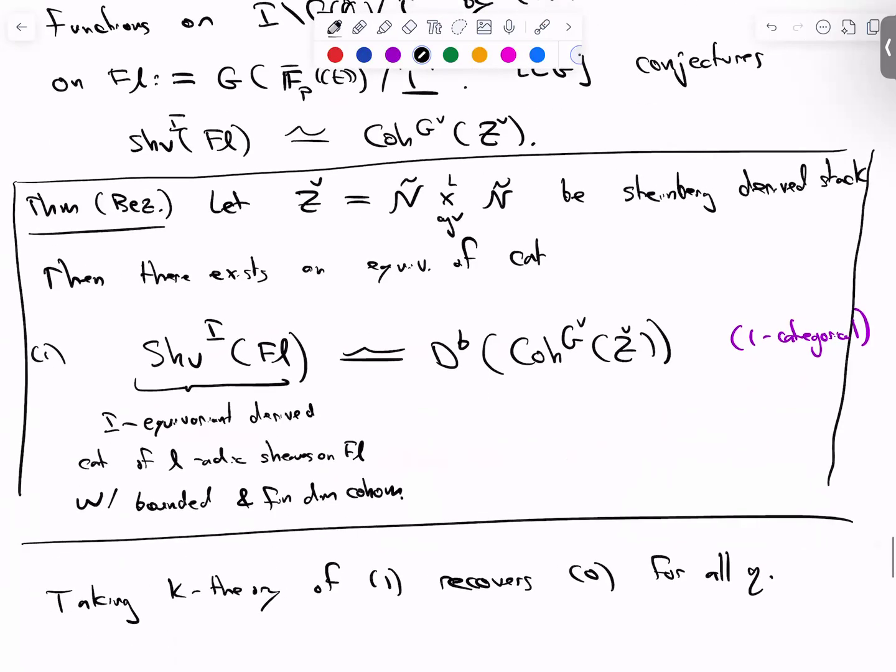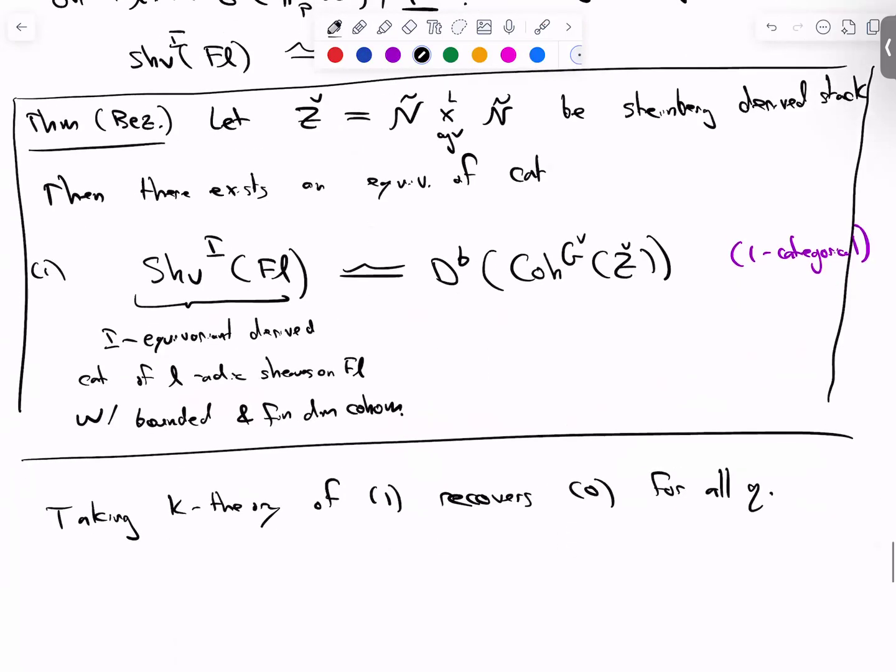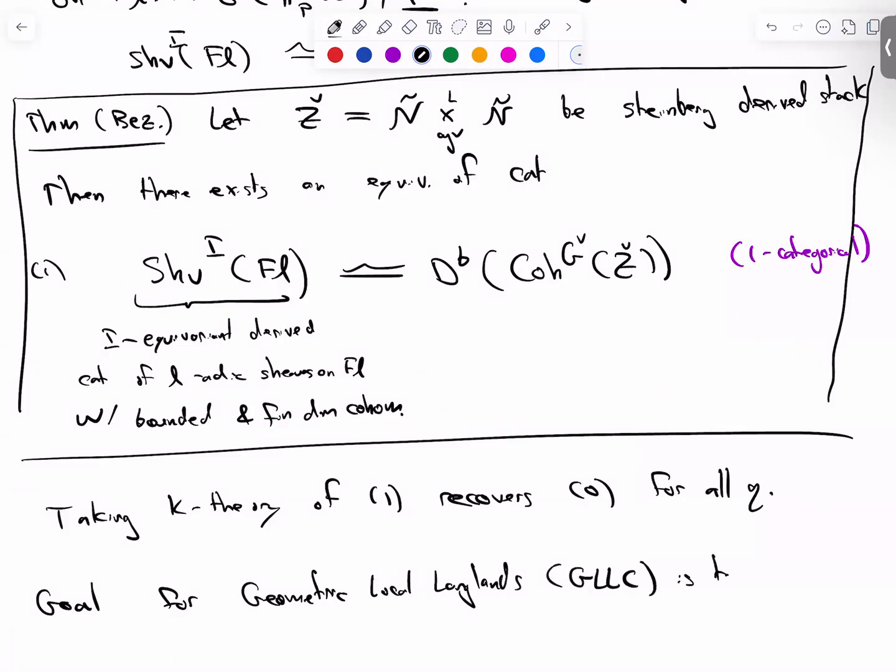So in other words, it's the de Rham setting. And I'll abbreviate this by GLLC, is to replace F_p bar with C.